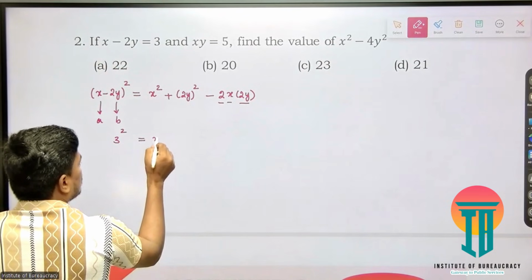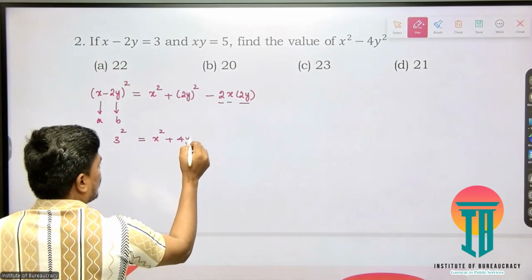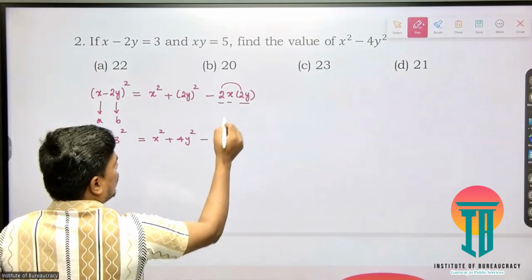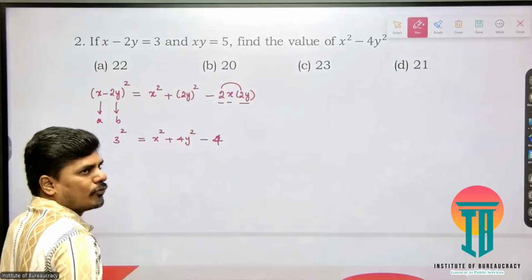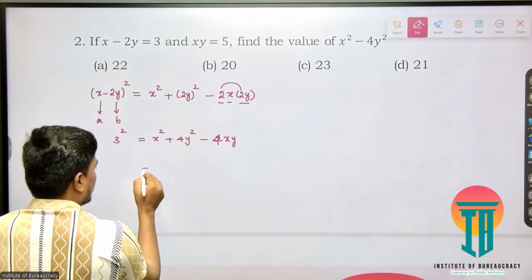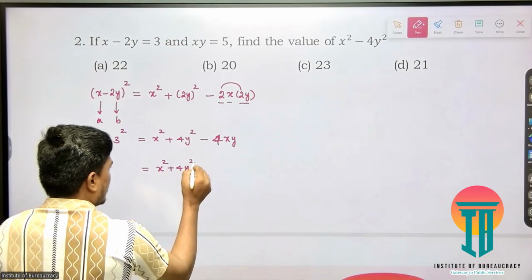This is equal to x square plus 2y the whole square, which is 4y square, minus 2 into 2, which is 4, 4 into xy.